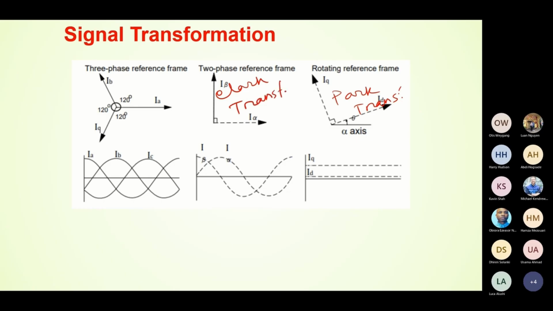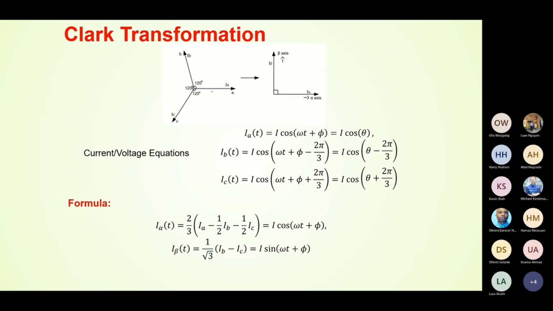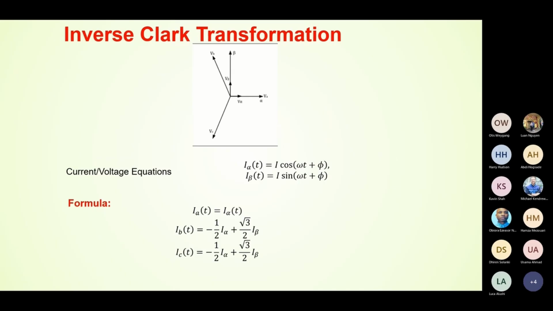What the Clarke transformation does is convert your three-phase signal into a two-phase signal, and the Park transformation converts the two-phase AC signal into two-phase DC signals. Here I have presented the equations for the Clarke and Park transformations. If you apply these formulas, you will be able to get the voltages and currents.